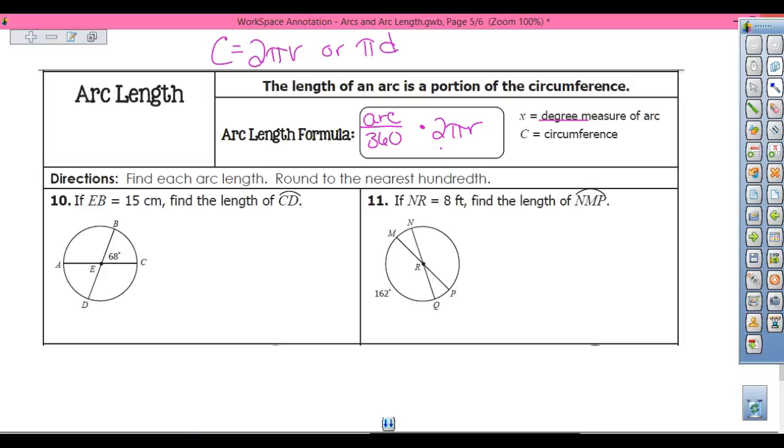Okay? So, in this case, they are looking for CD. So, first of all, we need the degrees of that arc, which is, what is it? 112. So we're going 112 over 360.